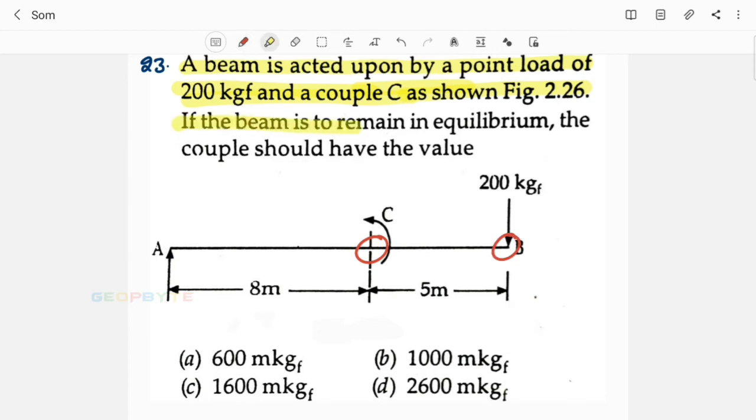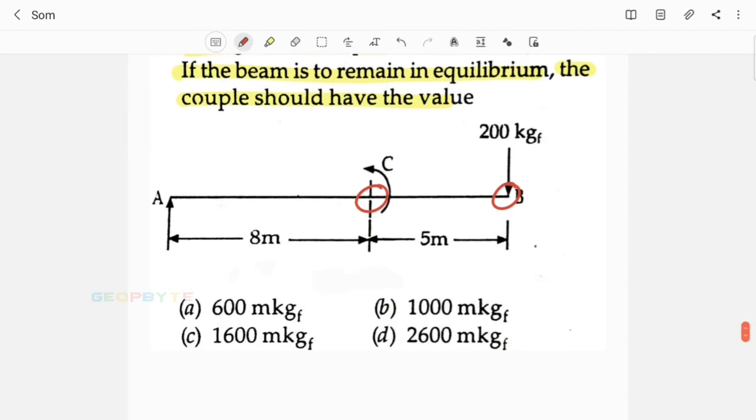If the beam is to remain in equilibrium, the couple should have the value to have the equilibrium position in the beam with one couple and one point load. What will be the magnitude of couple? You are asked to find the couple C equal to how much?